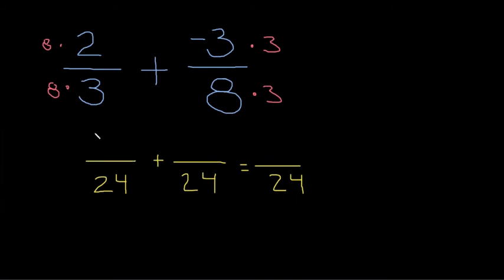Two times 8 is 16. 3 times -3 is -9. So now we have $16. We want to buy something that costs $9, and that's a positive 7 because we had more money than what we wanted to buy. So 7/24.